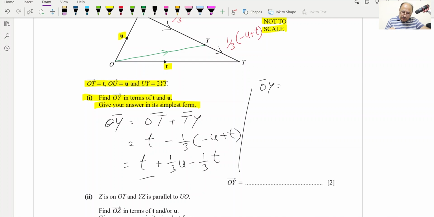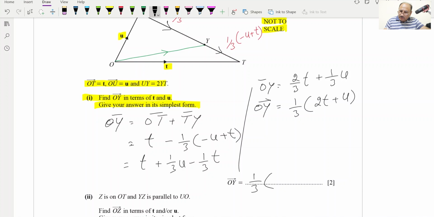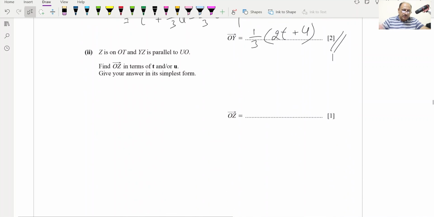If we simplify 1 minus 1 by 3, it will be 2 by 3t plus 1 by 3u, or we can take 1 by 3 common and inside will be 2t plus u. So this will be OY. So the answer will be 1 by 3 (2t plus u). This will be the 2 marks final answer. Hopefully you understood this.